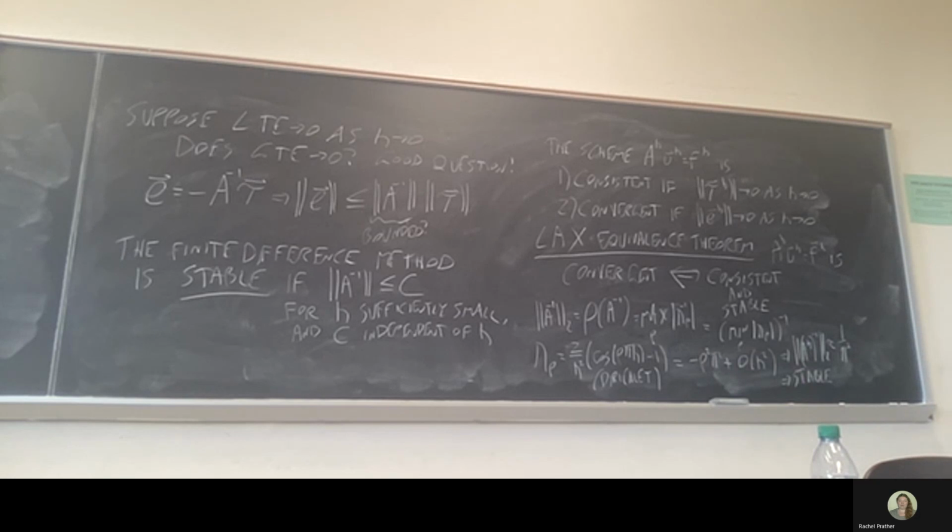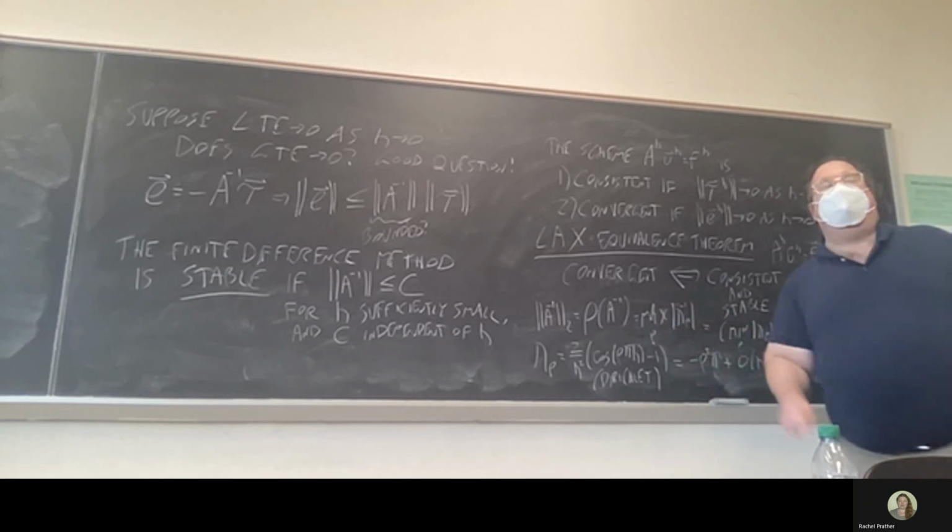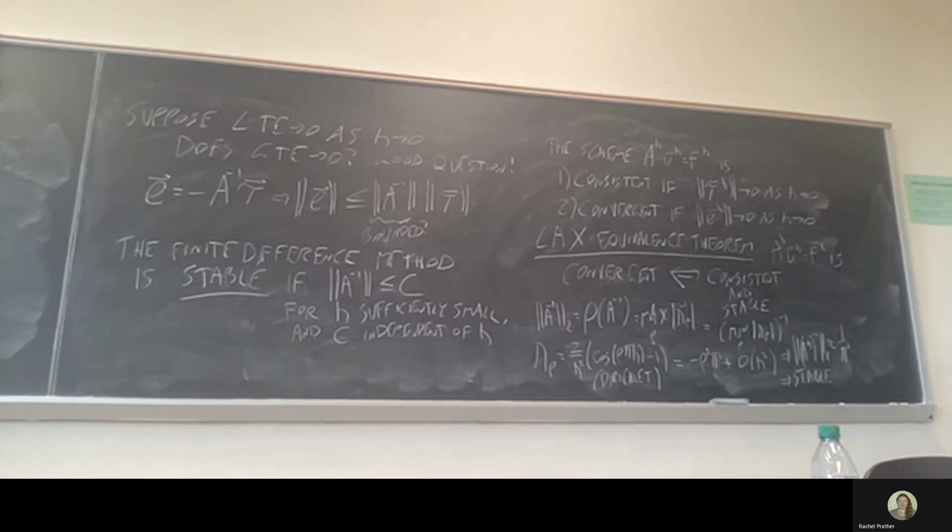But this is a general idea that any knowledge of the eigenvalues of the matrix you're dealing with can be very helpful to bound a norm, in this case, a norm of the inverse. Okay, so the finite difference scheme that I've shown you today is consistent, is stable, therefore it's convergent.